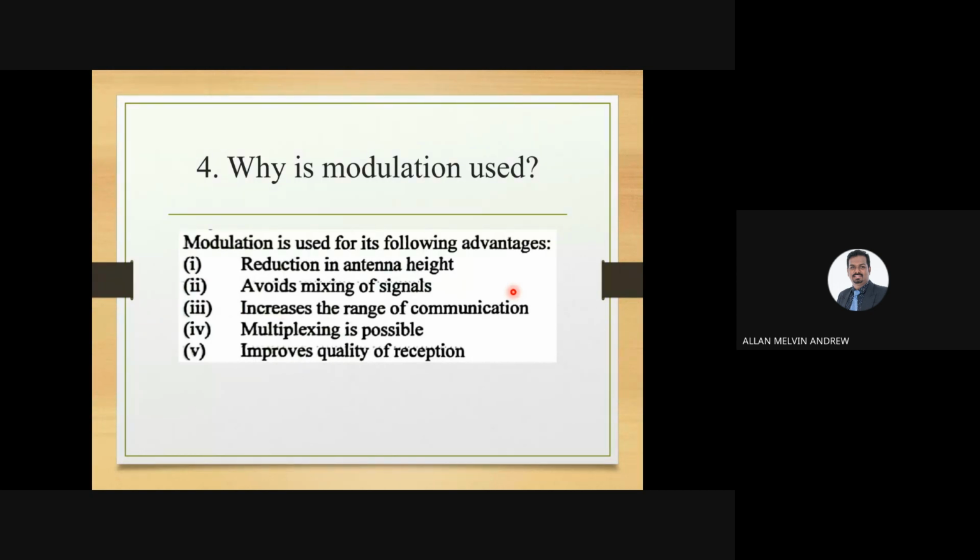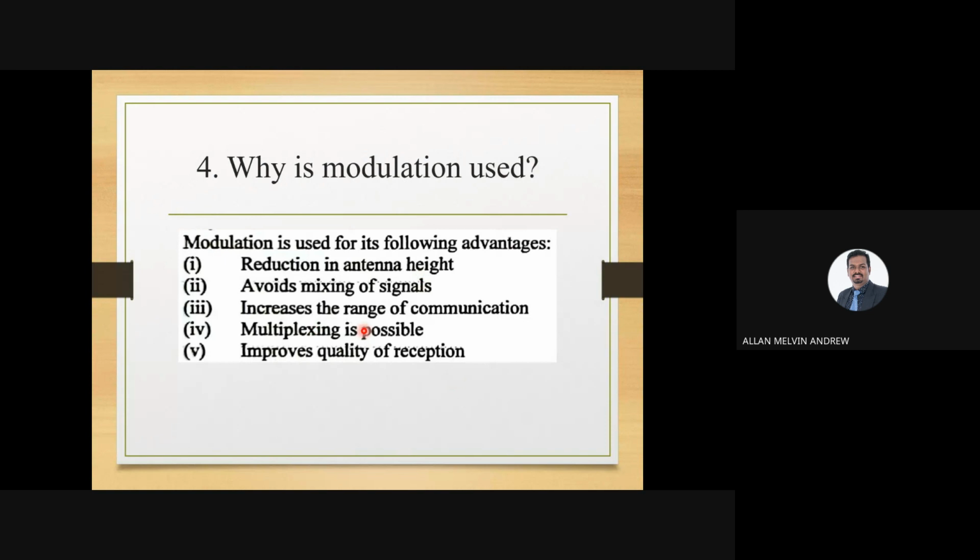It cannot pass through high buildings, hills or mountains, so there is inflexibility. We want to increase the range of communication, and it's possible using modulation.